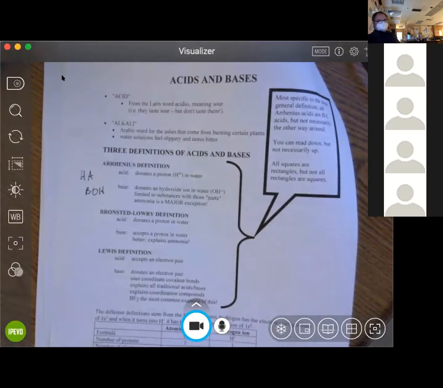There were other ideas in the time, but they didn't really hold true. For example, Lavoisier, the father of chemistry, thought that oxygen had something to do with acids and bases because of compounds like H2SO4, HNO3. Lavoisier was always about the oxygen. That was one of the biggest things, and it didn't pan out.